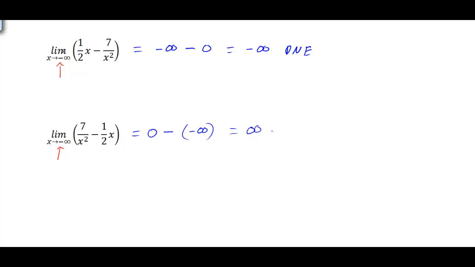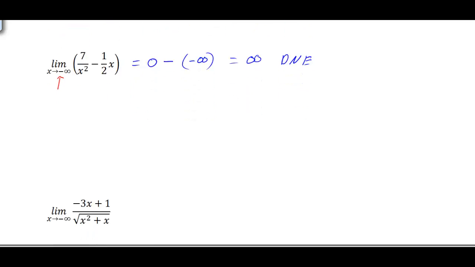Now, it really doesn't matter at this point, but we want to be specific here. This would be a positive infinity, but overall the limit still does not exist. Okay, so once again, be careful with your signs, particularly if you have negative infinity and with the subtraction in your problem.